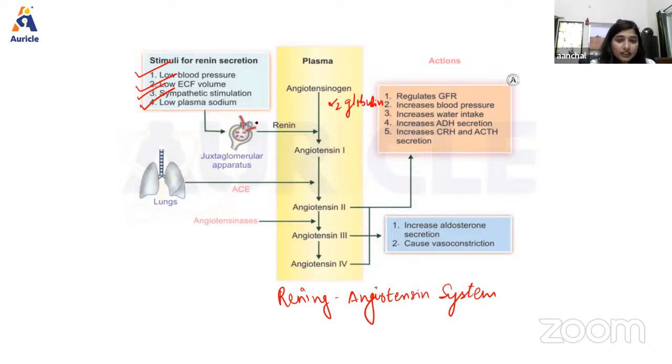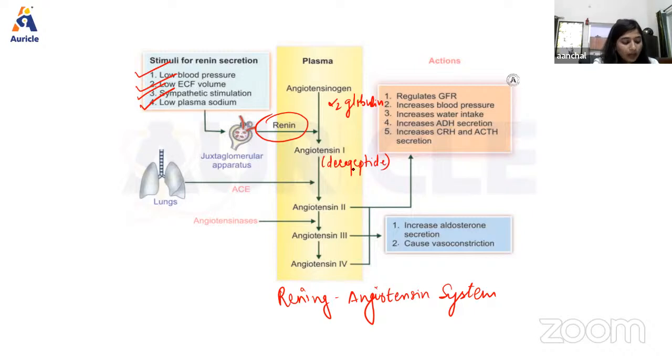So by the activity of this renin, this angiotensinogen gets converted into a decapeptide, right? And this decapeptide is angiotensin 1. Okay, so this angiotensinogen with the stimulation of renin is converted into angiotensin 1. This is a decapeptide.